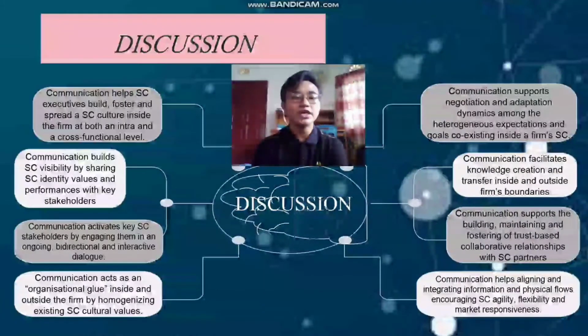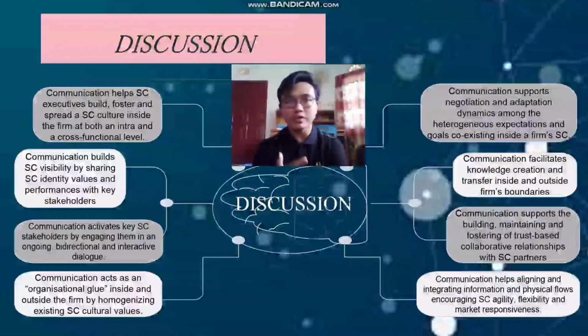Communication acts as an organizational glue inside and outside the firm by homogenizing existing SC cultural values. The second function is known as trade-off and compensation. It is the function of sensitivities, priorities, and goals among the many business units which are frequently led by distinct.